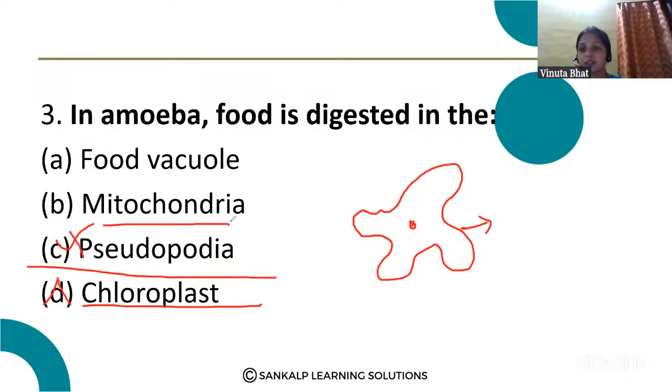Mitochondria is not present in the amoeba, so this is also a wrong answer. The correct answer is food vacuole. The food vacuole present in the amoeba is helpful for the digestion of the food. The correct answer is option A.